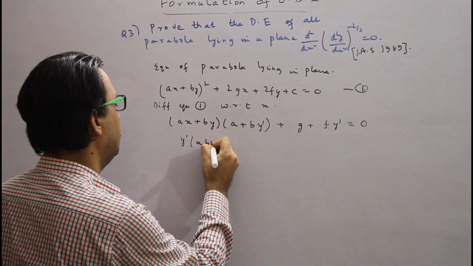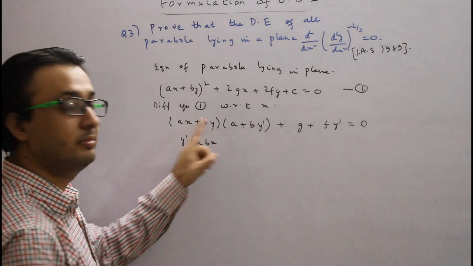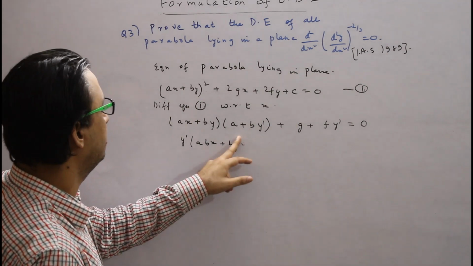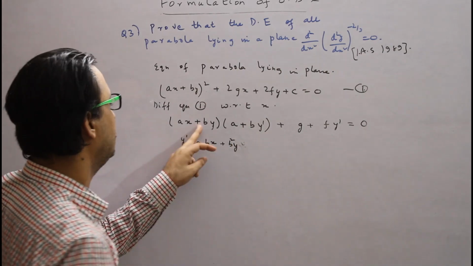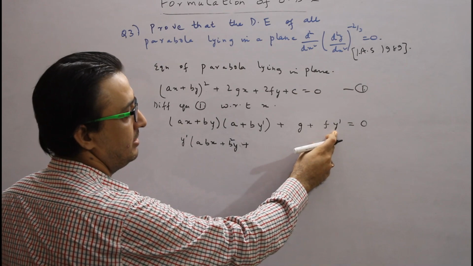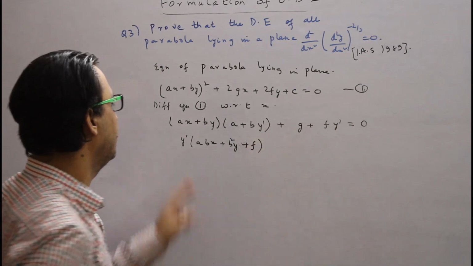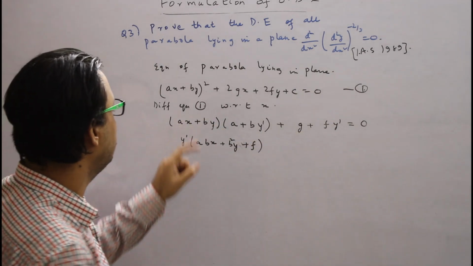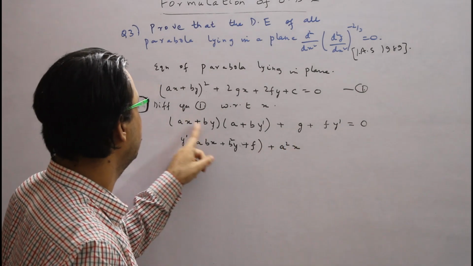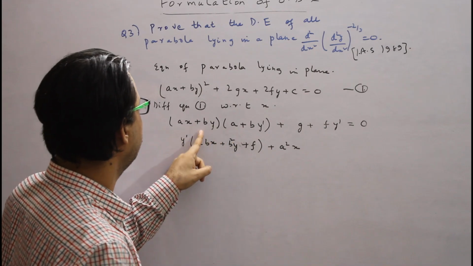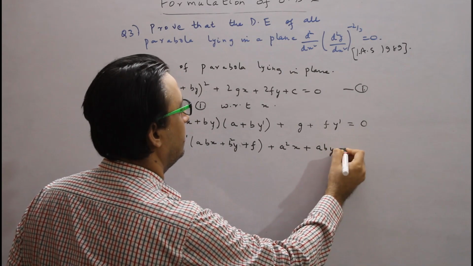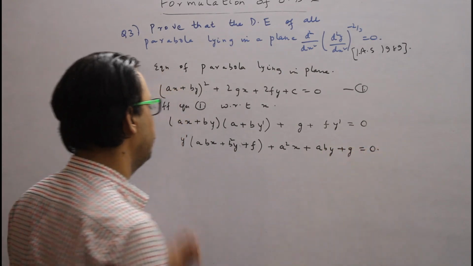So y dash times (abx plus b square y plus f), plus the remaining terms, which are a square x plus aby plus g, is equal to 0.